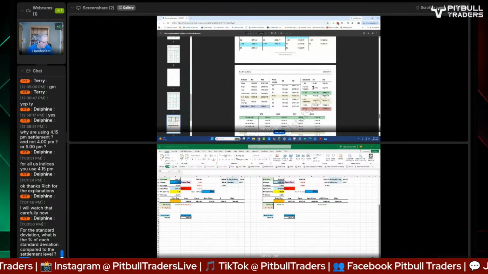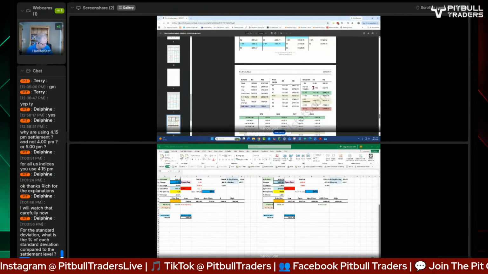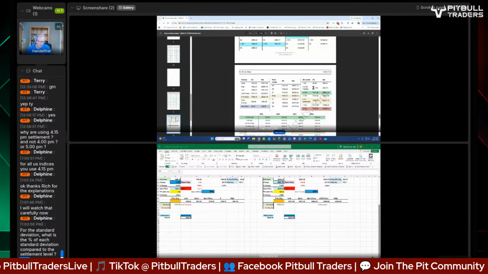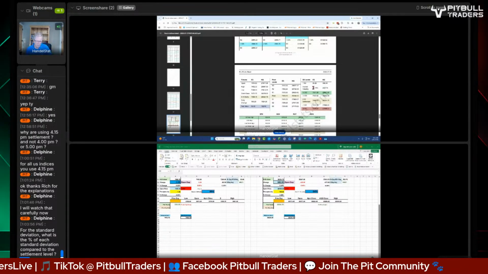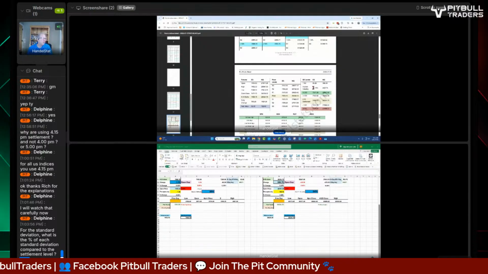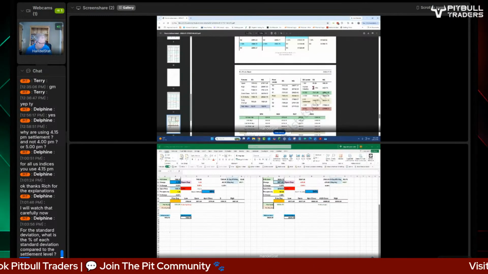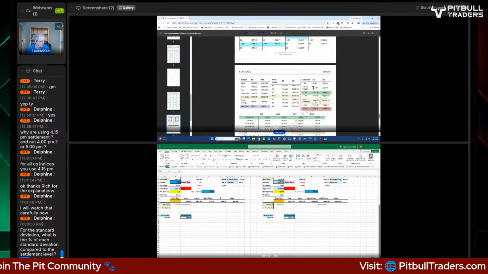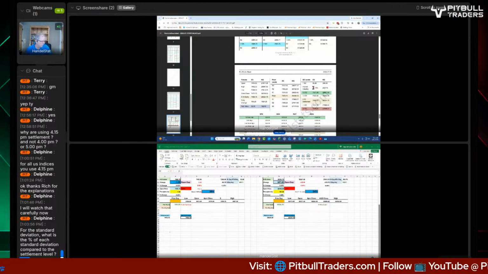I use the options pricing model to figure these levels out, and you input implied volatility, and options are priced using the Black-Scholes model. I know it's not perfect, but some iteration of that is what everybody uses.